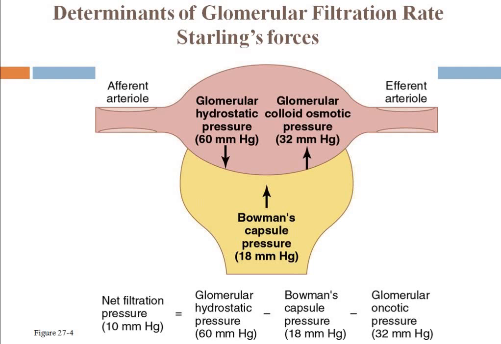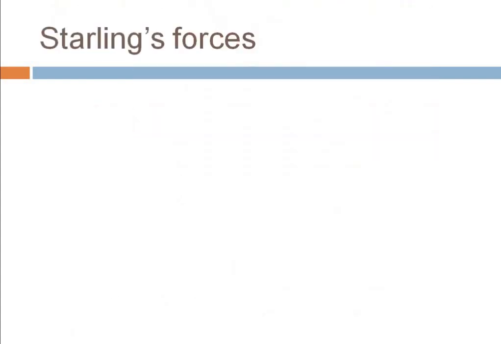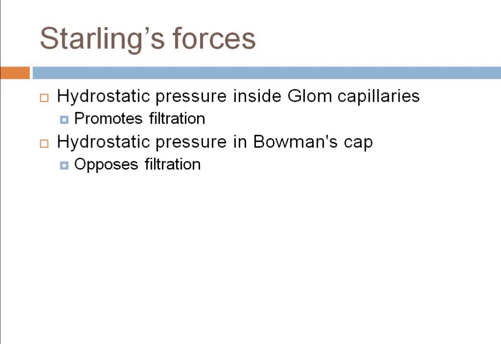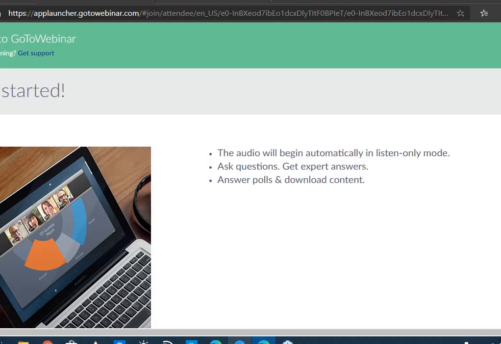I hope you have understood the main important forces which are acting here to alter the GFR. So these Starling's forces are: the hydrostatic pressure inside the glomerular capillaries, which will promote filtration. The hydrostatic pressure in Bowman's capsule will oppose filtration, because if there is no pressure in the Bowman's capsule, obviously the filtration will be less.